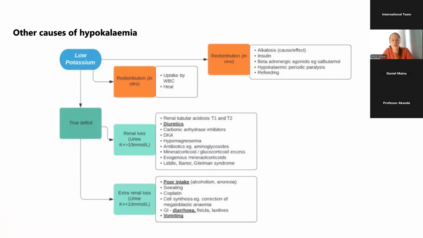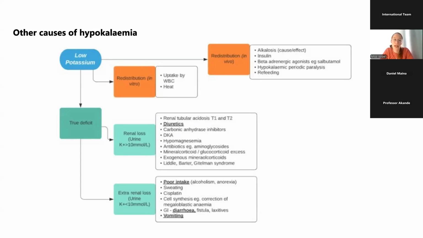So it's not actually an overall loss in potassium. It's just a redistribution. Other causes of redistribution can be alkalosis. Also, if the patient is given a large dose of insulin, for example, some drugs such as salbutamol, which are beta adrenergic agonists, and then rarely hypokalemic periodic paralysis can also cause a redistribution of potassium in vivo.